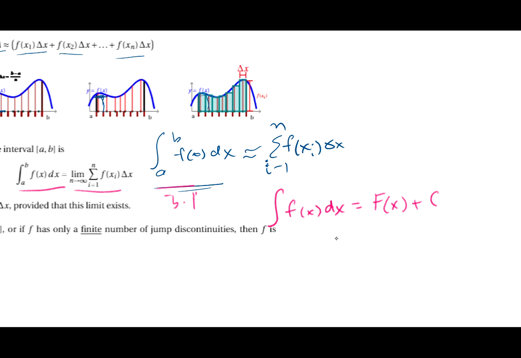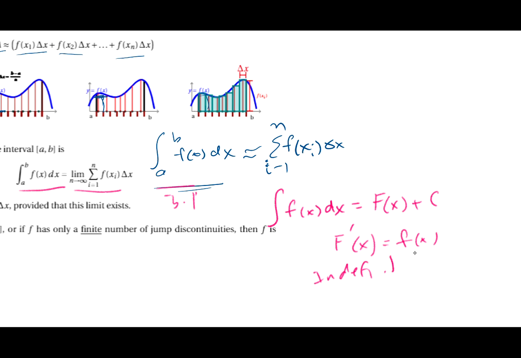If I take the derivative of the capital F, I'm going to get the small f of x. That's what an antiderivative is. And so the Riemann sum gives the integral from a to b. That's the definite integral. And this is the indefinite integral.